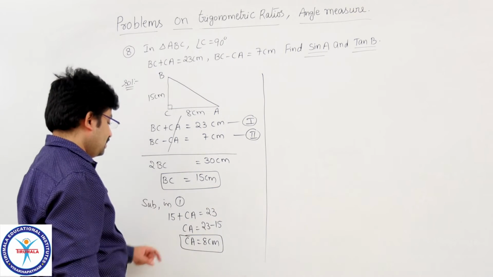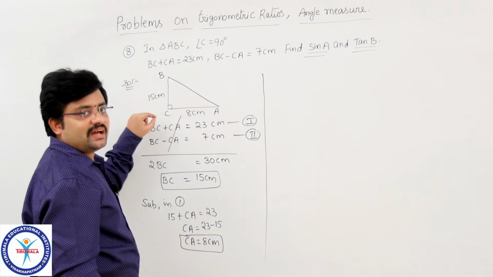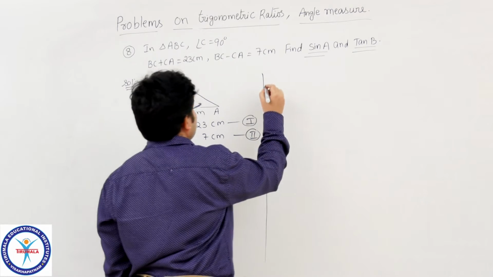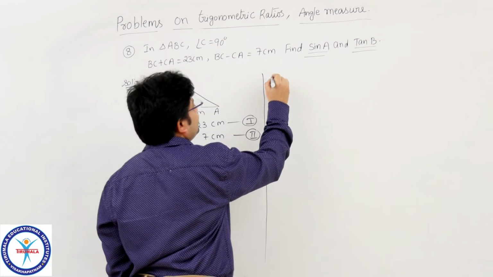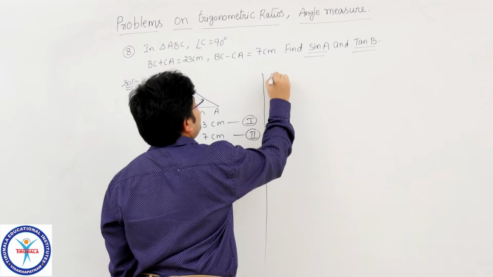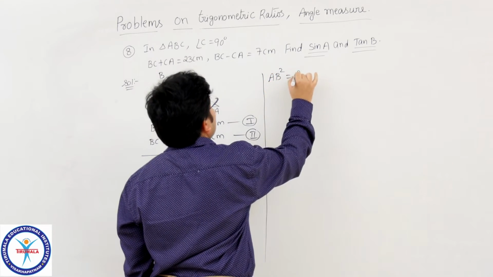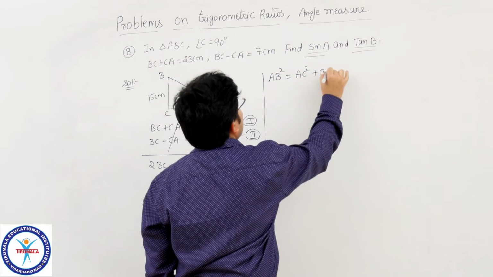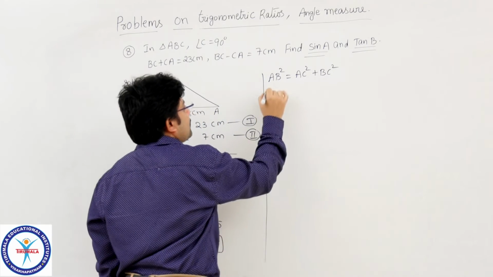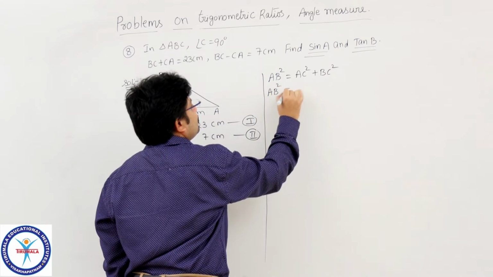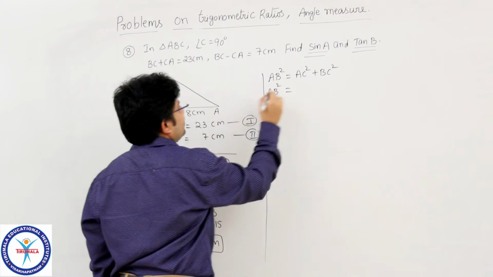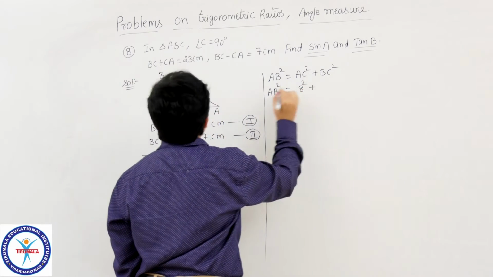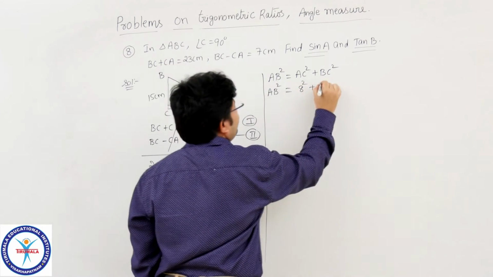Next, using this, let us find the value of AB. Since ABC is a right angle triangle, by Pythagoras theorem, AB square is equal to AC square plus BC square. AB square is equal to 8 square plus 15 square.